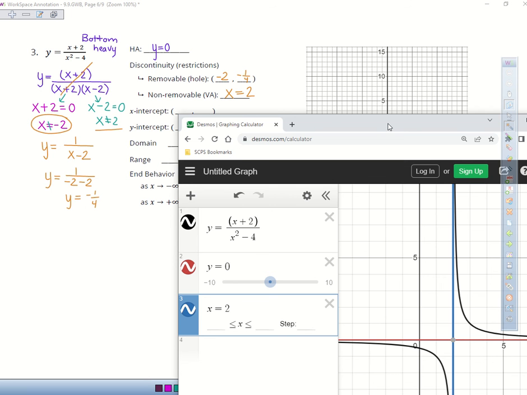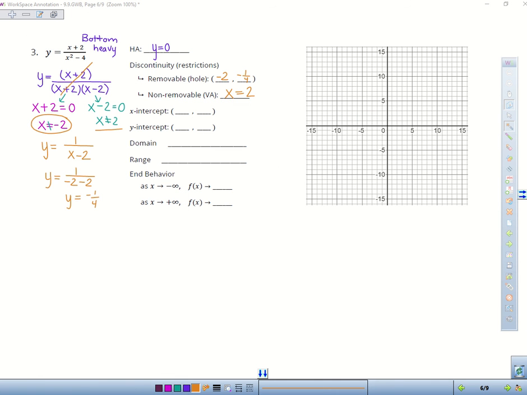So first and foremost, I'm going to go ahead and graph those asymptotes. So I know I have one at 0. And I also know that I have one at 2. Like that.